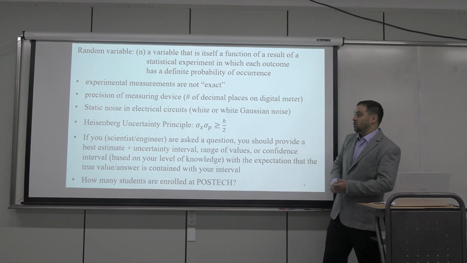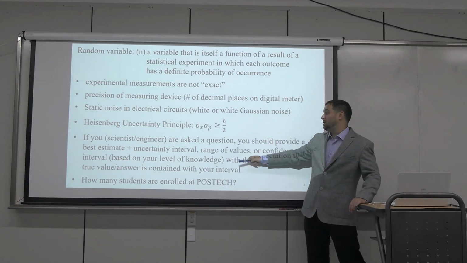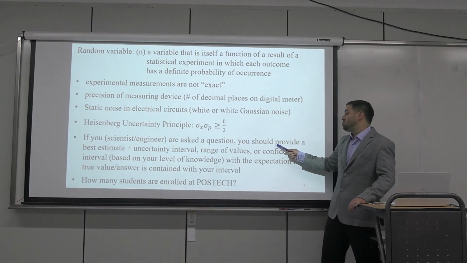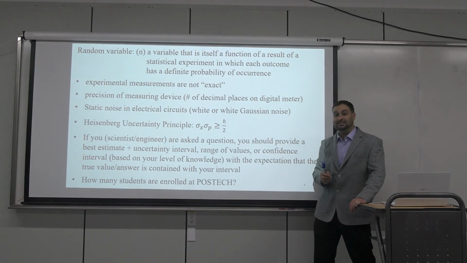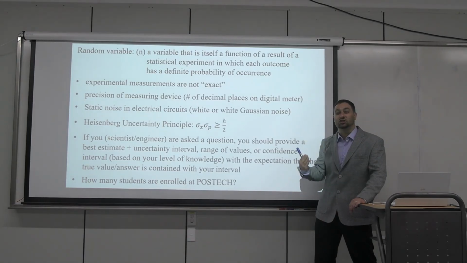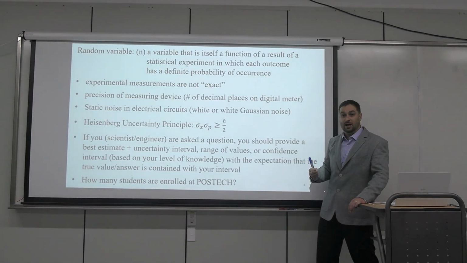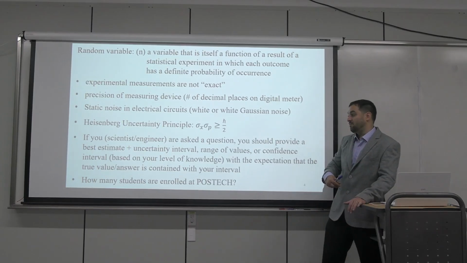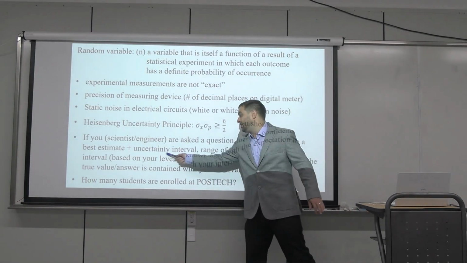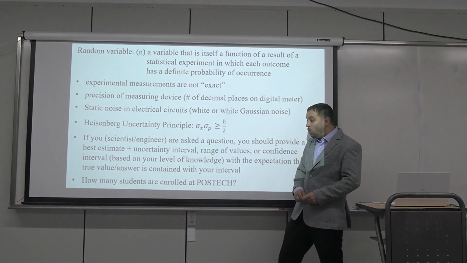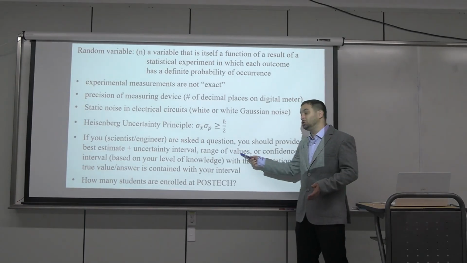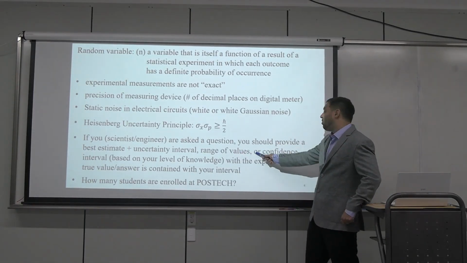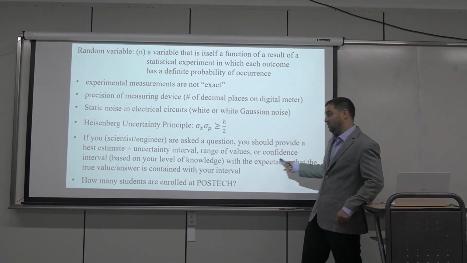So if you, as a scientist or engineer, are asked a question, you should provide a best estimate plus an uncertainty interval. If you're asked a question or you're providing a result, you should provide a best estimate plus an uncertainty interval, or alternatively a range of values, or what's called a confidence interval, okay?